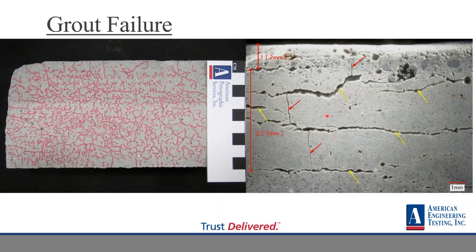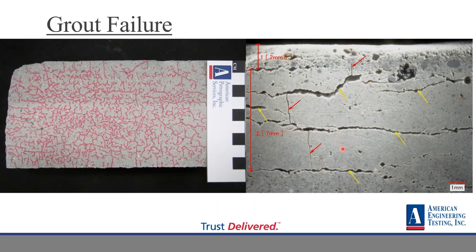On this photograph on the right, you can see that the sand that was supposed to be in the grout is segregated. So there's barely any sand here in the middle. You can see all these plastic microcracks that happened from plastic shrinkage of the grout.